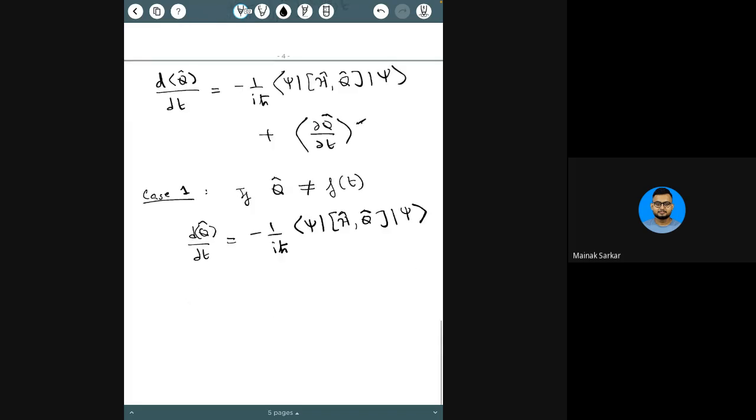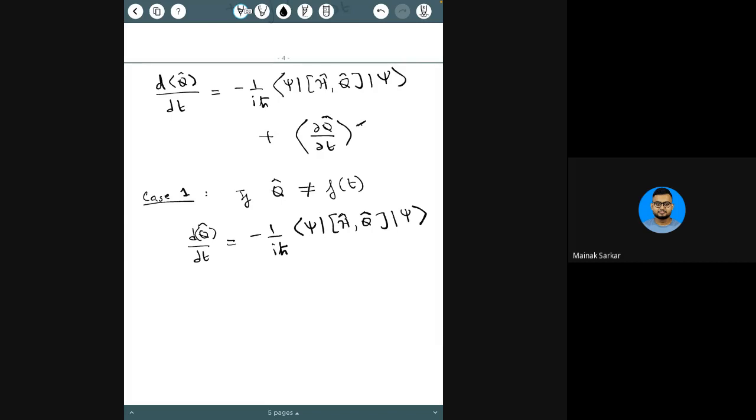I guess you can see that. If Q is not a function of time, the last term is 0, then the rate of change of the expectation value depends on the commutator of the Hamiltonian and Q.